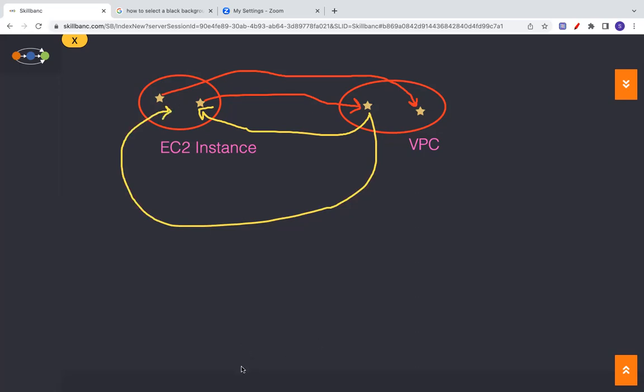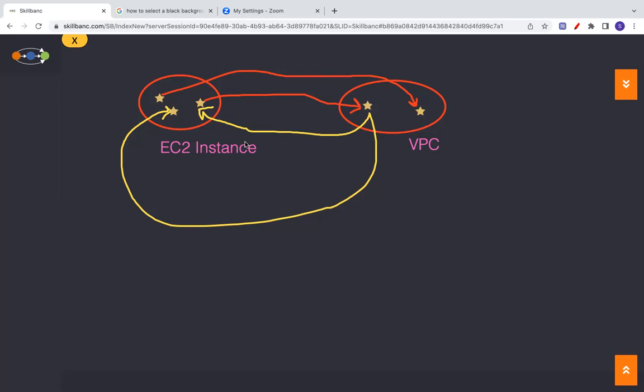I'm going to put a star there. Okay. So basically, this is saying this particular VPC has this EC2 instance and also the other EC2 instance. So the arrows can go from left to right or right to left, depending upon how those relations exist.